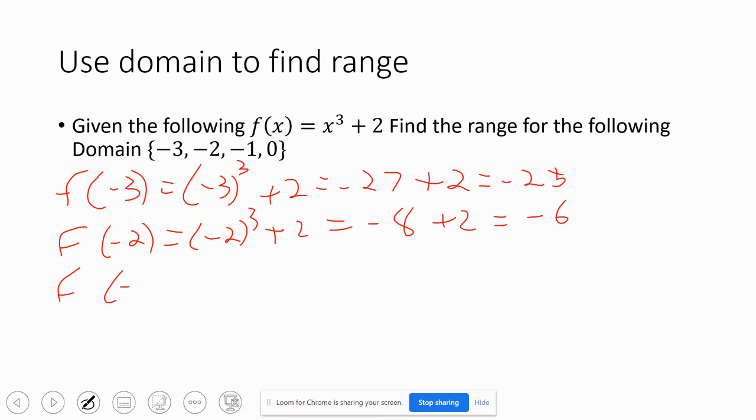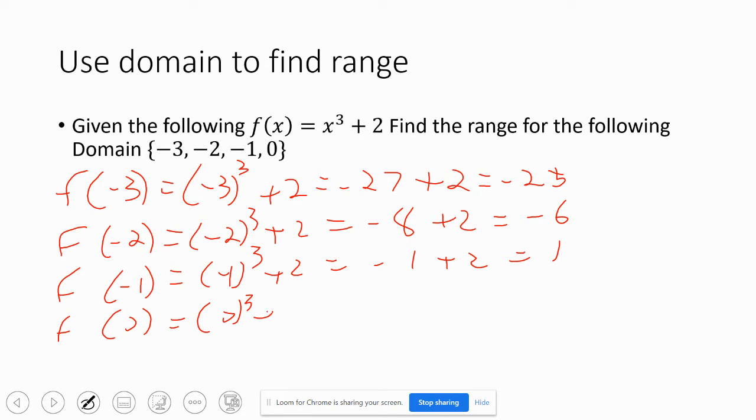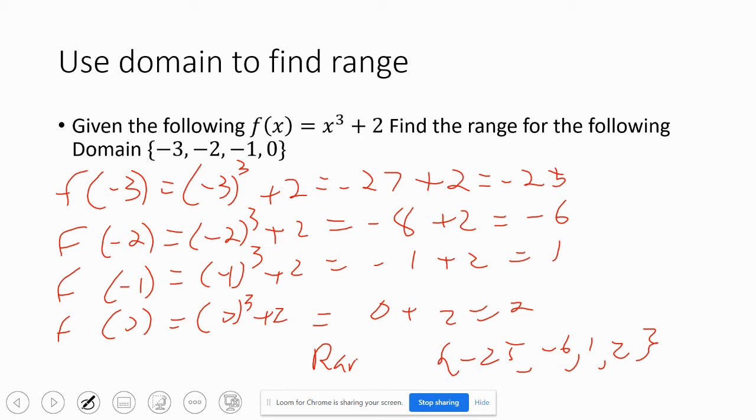Then f at negative 1: negative 1 cubed equals negative 1, plus 2, which is 1. And finally, f at 0: 0 to the third power plus 2 equals 0 plus 2, which is 2. And you write out your list, negative 25, negative 6, 1, and 2, and label it with the word range.